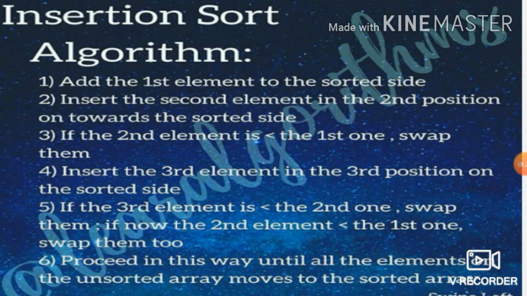In the fourth step, insert the third element in the third position on the sorted side. In the fifth step, if the third element is less than the second one, swap them. If now the second element is less than the first one, swap them too. Proceed in this way until all the elements of the unsorted array move to the sorted array.